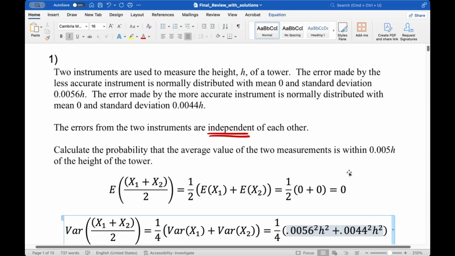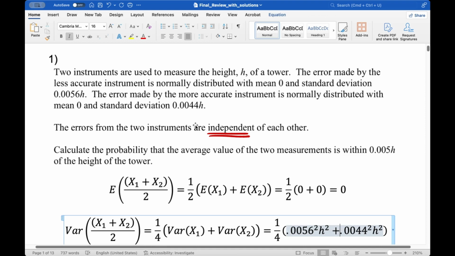Now, we need standard deviation, but we're going to work with the variance because the variance is additive when the variables are independent. So we can calculate the variance of x1 plus x2 over 2. We factor out the 1/2, which has to be squared, becomes a quarter, times the sum of the variances.